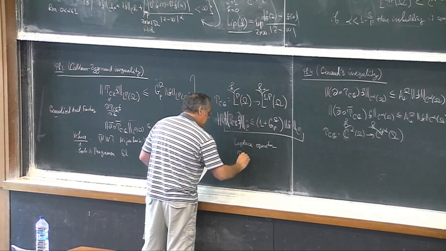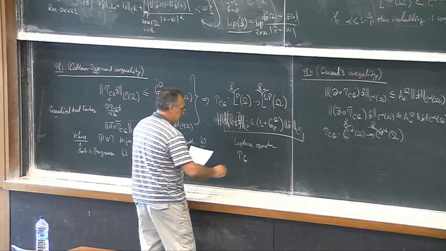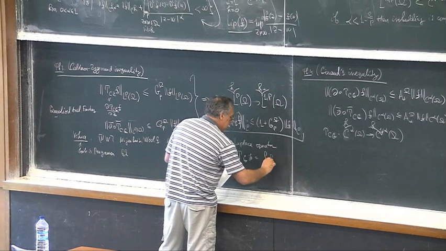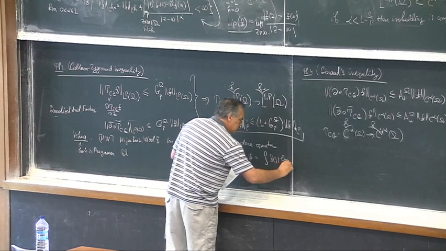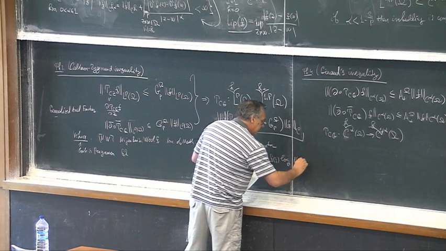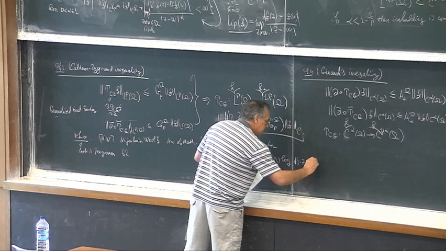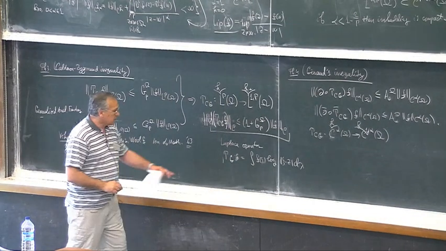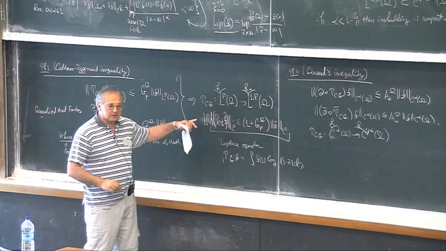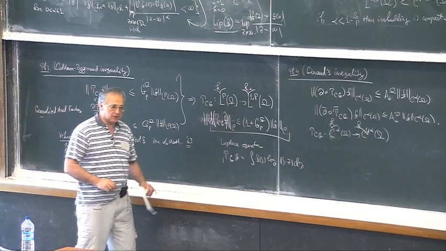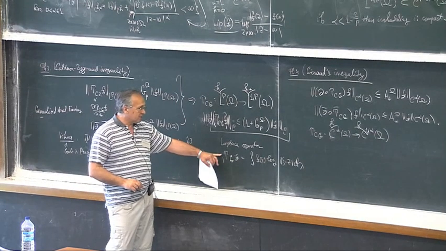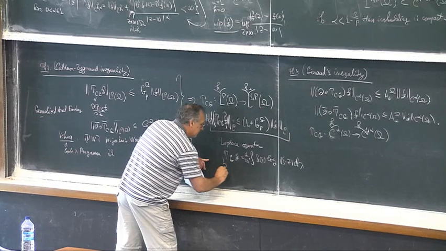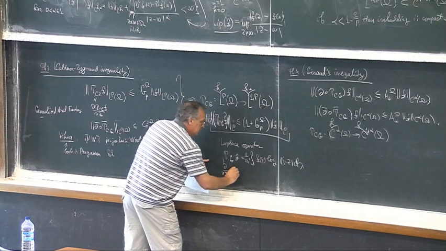The Green operator, which corresponds to the Laplacian, is a convolution with a logarithm, with some coefficient. If you prove these estimates for this operator, you will easily get them for the Cauchy-Green operator, because the derivative with respect to z bar gives you Cauchy-Green.